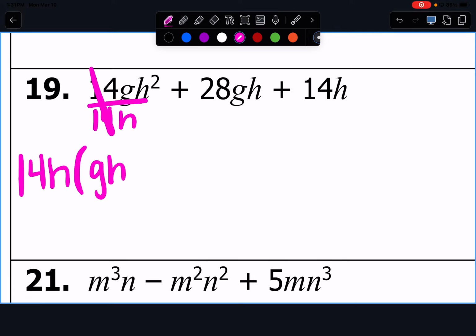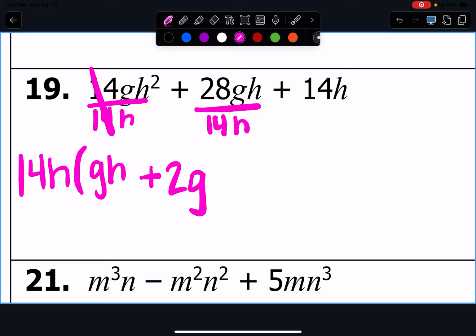Then here, that's going to make that square go away, which is just going to leave us with gh. Now, for the second one, I divide that by 14h. What's left? 2g. Then our last one, when I divide that by 14h, plus 1. There we go.